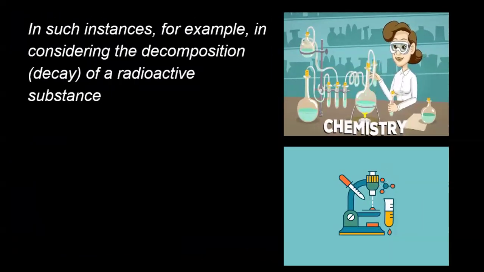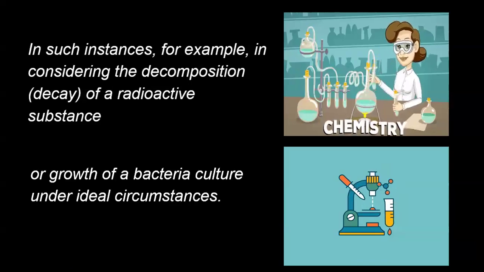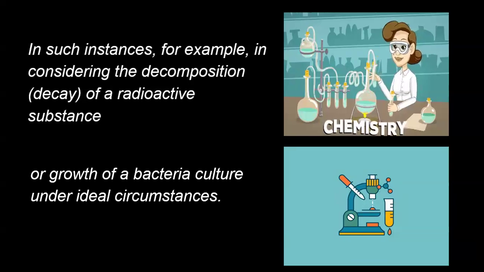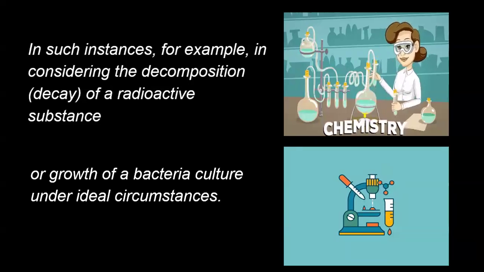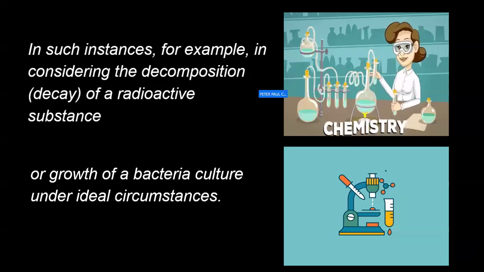In such instances, for example, considering the decomposition or decay of a radioactive substance, or wanting to know the growth of a bacteria culture under ideal circumstances, these problems use exponential models to solve.